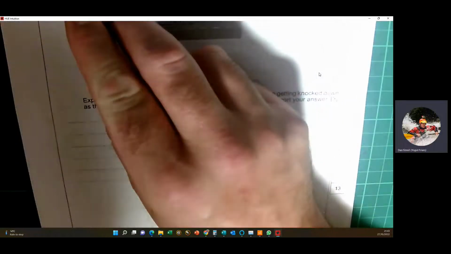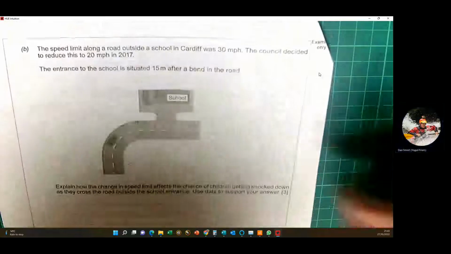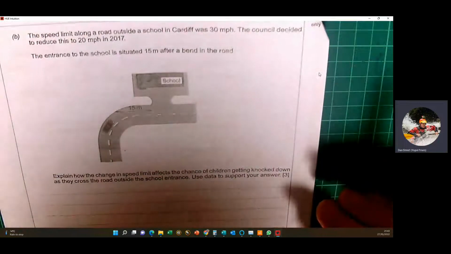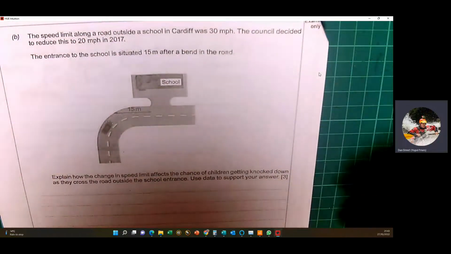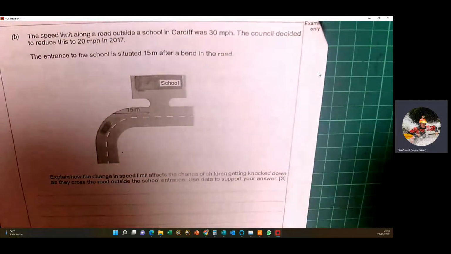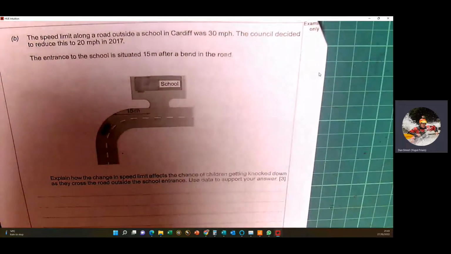The speed limit along a road outside a school in Cardiff was 30 miles an hour. The council decided to reduce this to 20 miles an hour in 2017. The entrance of the school is situated 15 metres after a bend in the road. Explain how the change in speed limit affects the chance of children getting knocked down as they cross the road outside the school entrance. Use data to support your answer.